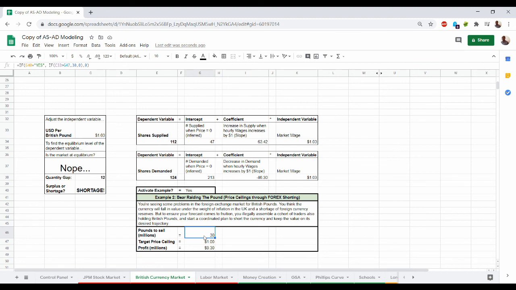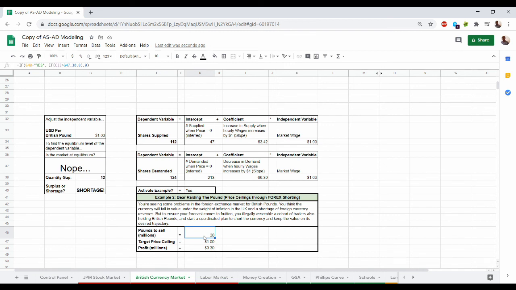I don't want to get too deep into the mathematics of short selling. That is more appropriate for a financial analysis or financial investment course, but I did want to at least give this example because this is a version of a price ceiling.